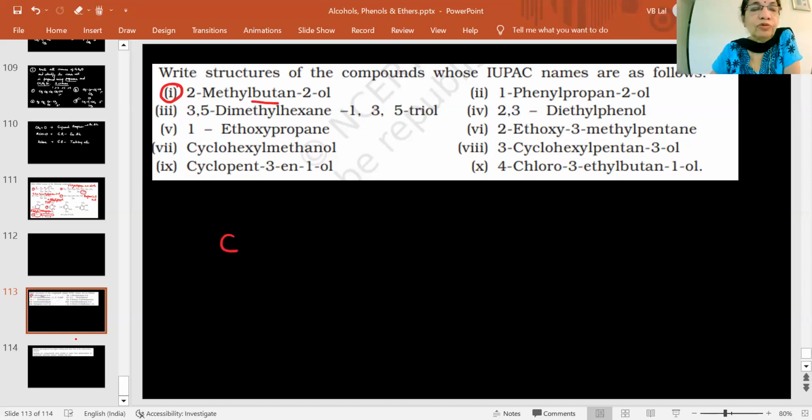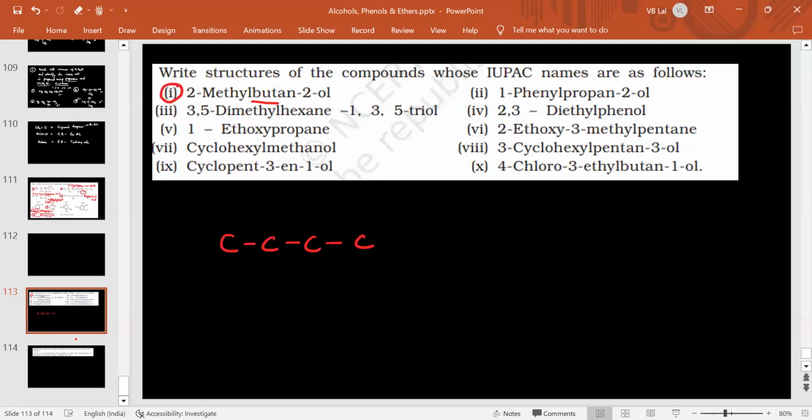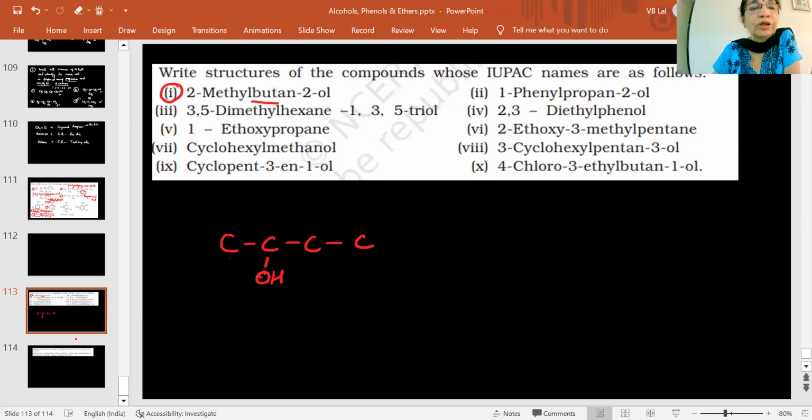So what will I do? 4 carbon atoms. 1, 2, 3, 4. Butane 2-ol. So on the second carbon, I have OH. And on the second itself, I have methyl. Now you fill up the hydrogens. This is the structure of 2-methyl butane 2-ol.